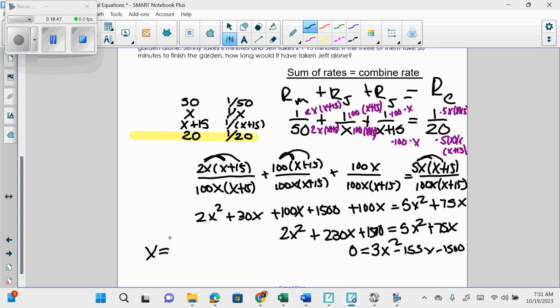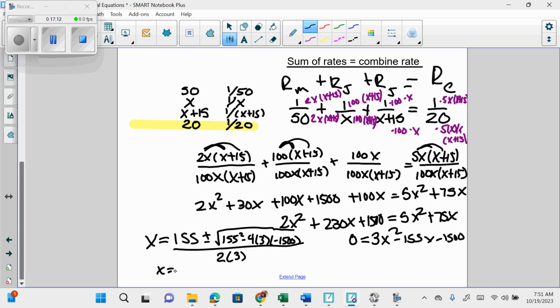So we get x equals opposite b plus or minus the square root of b squared minus 4 times a times c, all over 2a. So we type that in, and I'm doing the work in the background.